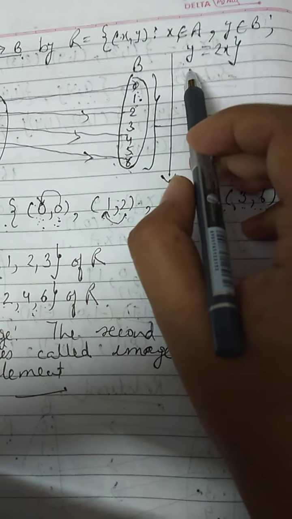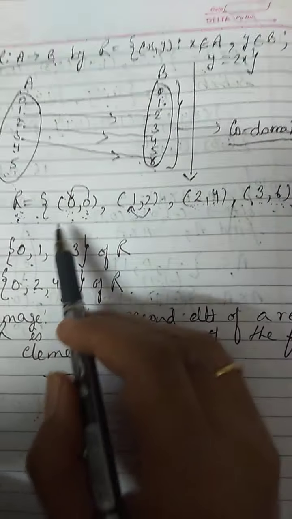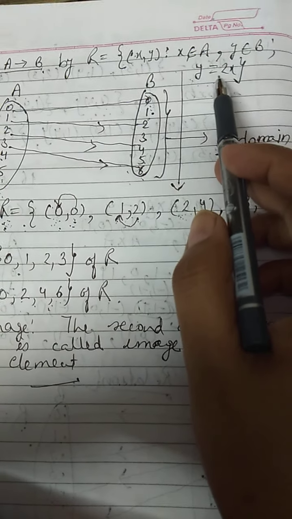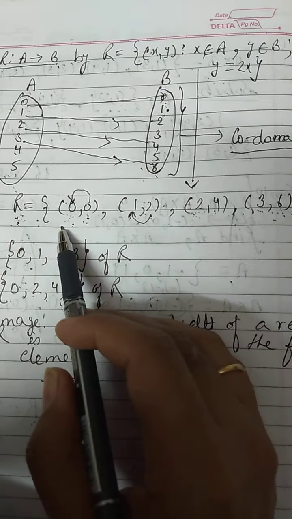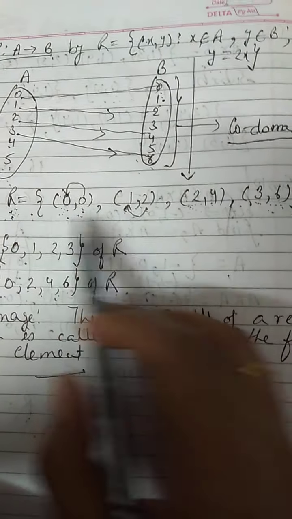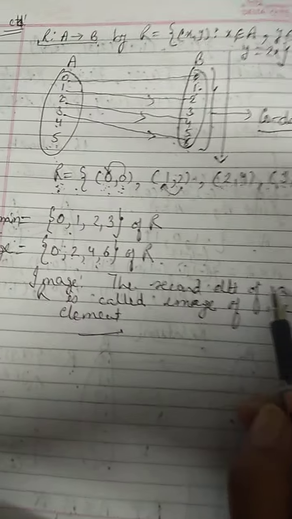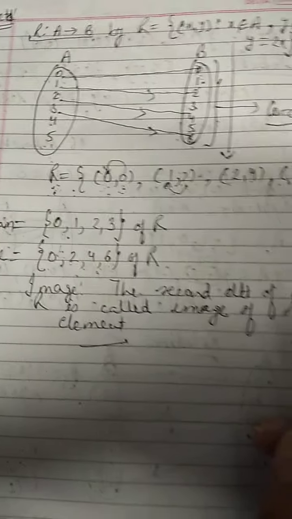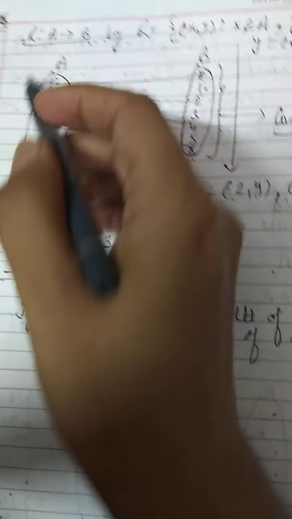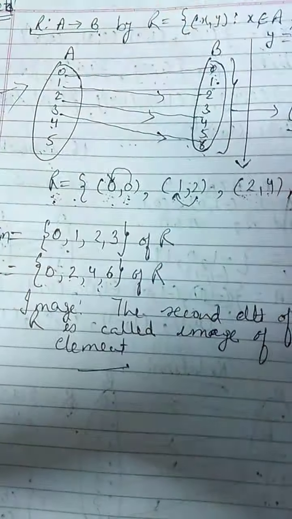It can be expressed in the set builder form, it can be expressed in the roster form. Set builder form means where we are writing the formula. Roster form means when we are writing all the elements separated by commas within curly braces. Okay, these are the few terms associated with the relation, and we can even represent the relation by an arrow diagram also. And this is the arrow diagram, right?